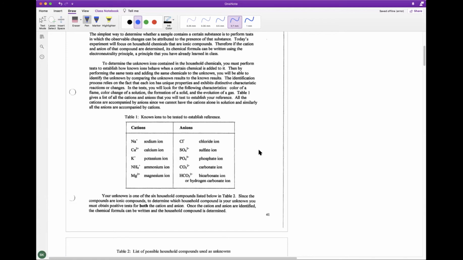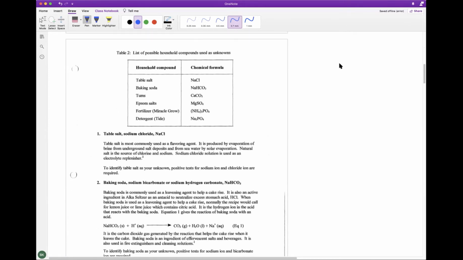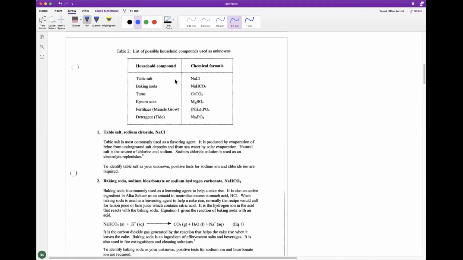So the unknown compound, we've been able to determine, is potassium chloride. We're going to do this series of tests to figure out what the unknown is, and the unknown we're looking for is going to be one of these household compounds. One of these 6 on the list is the unknown, and we're going to do some investigation to figure out which one it is.